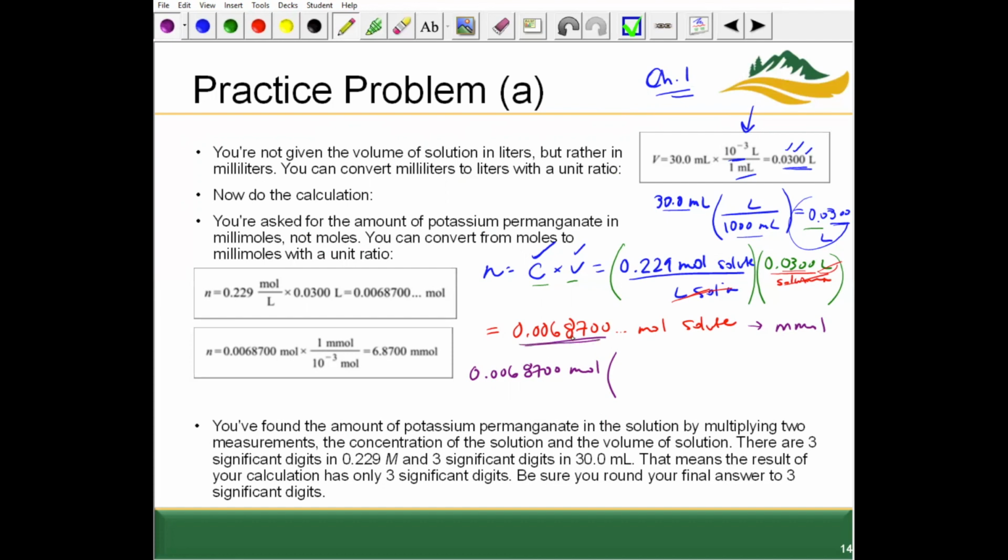So take that entire answer, and then we're converting this into millimoles. So we have moles here in the numerator, then for every 1 mole, there are 1,000 millimoles. So this is the same thing essentially as taking 1,000 milliliters in 1 liter, but here we're changing out liters, right?